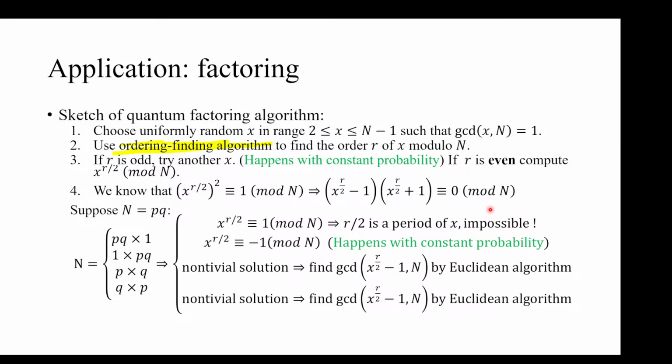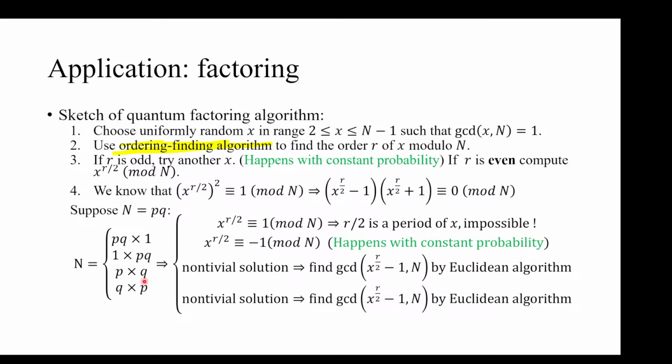And then the second one says that we have this thing equal to 0 mod n, and so x to the power r/2 plus 1 equals minus 1 mod n, and this one we are just unlucky.